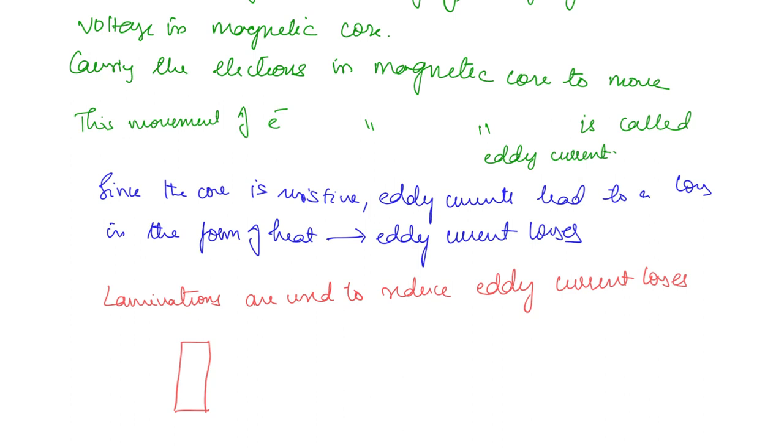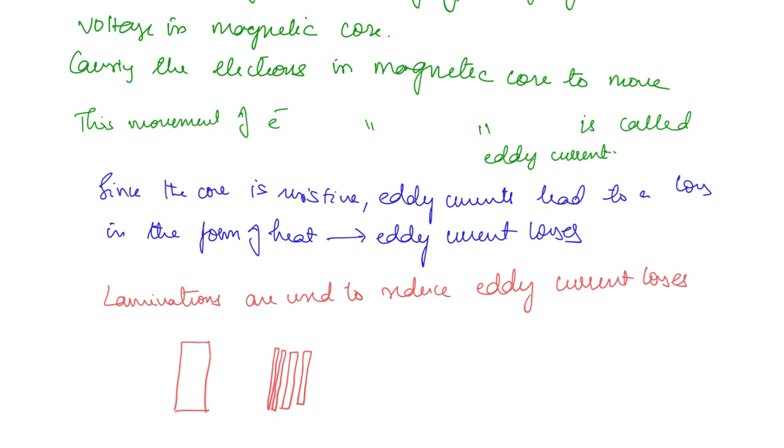Now in laminations, there are going to be numerous cores which are separated by some insulating material, usually some kind of resin. Okay. So in this way the laminations are very thin, so they are going to restrict the path of the electrons. Okay. And since they are all insulated from each other, all these different laminations, there will not be any current between these laminations.